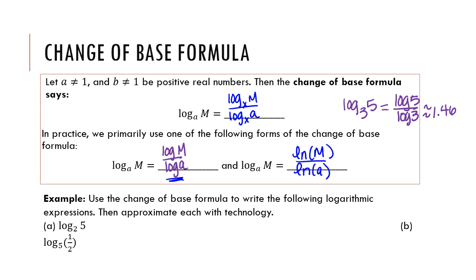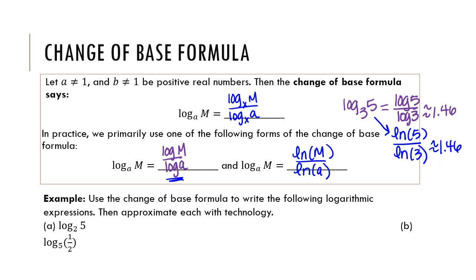So for example, if instead of writing this as log of 5 over log of 3, I rewrote this using the change of base formula as the natural log of 5 divided by the natural log of 3, when you input that into your calculator, you're going to get exactly the same answer of about 1.46. So whichever one you're the most comfortable with, either log base 10 or the natural log, is what I would use when you're evaluating logarithms of different bases.